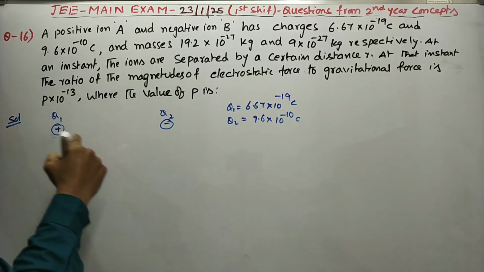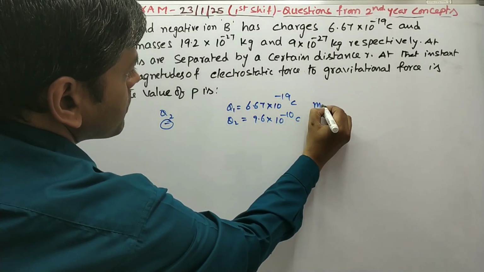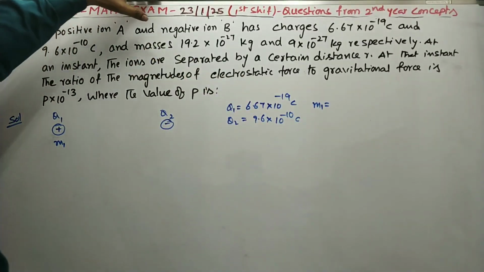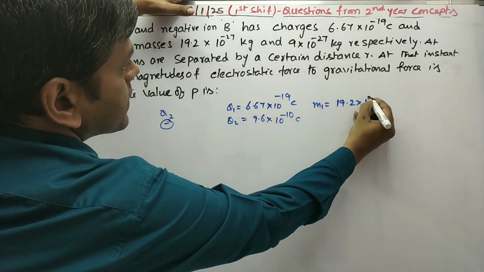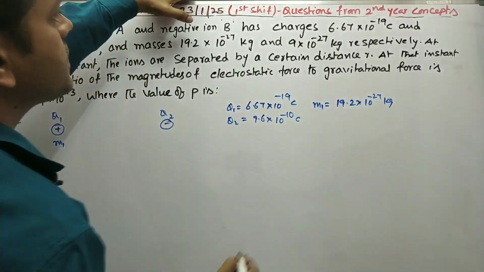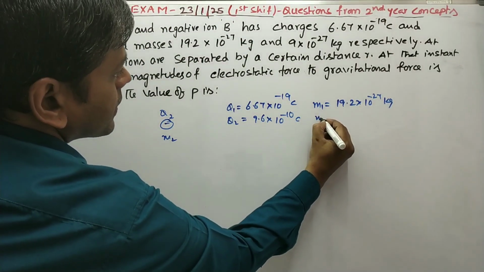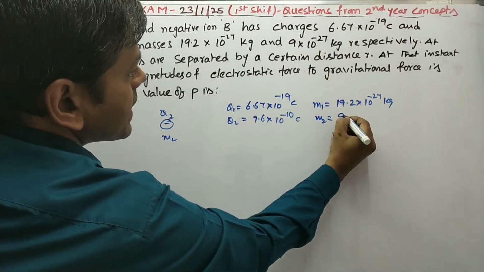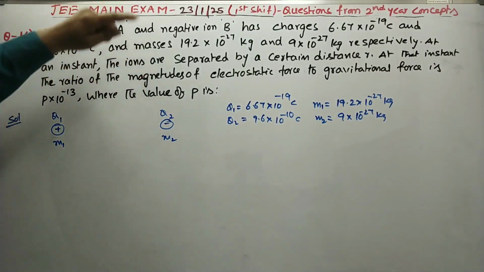And their masses: the mass of the positive ion, M1, is given as 19.2 into 10 power minus 27 kg, and the mass of the negative ion, M2, is 9 into 10 power minus 27 kg respectively.